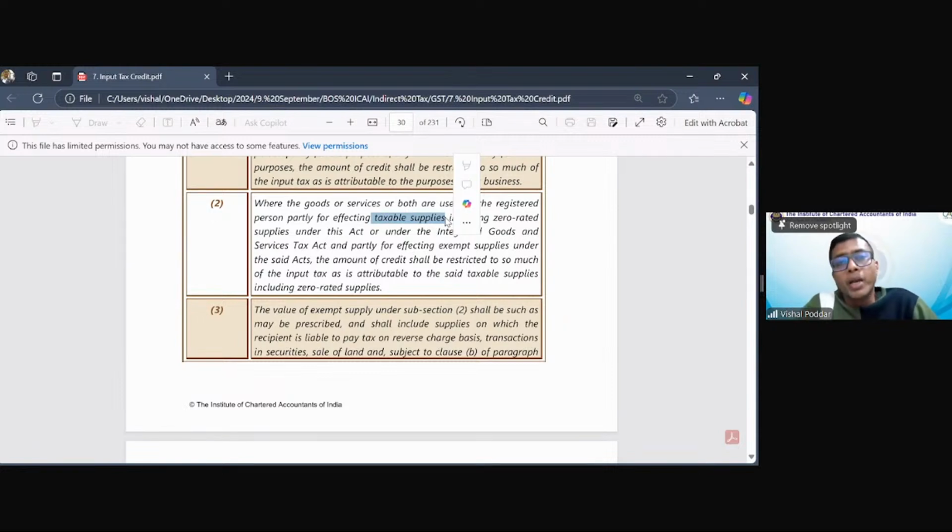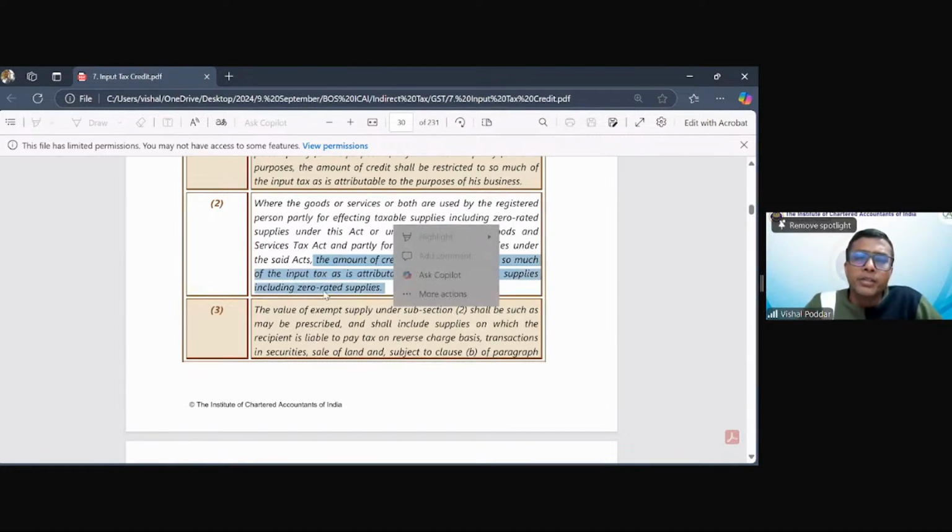Now, if my output is having exempt supplies, then section 17.2 says that the amount of credit which I am availing will be allowed only to the extent the input tax is attributable to taxable supplies.